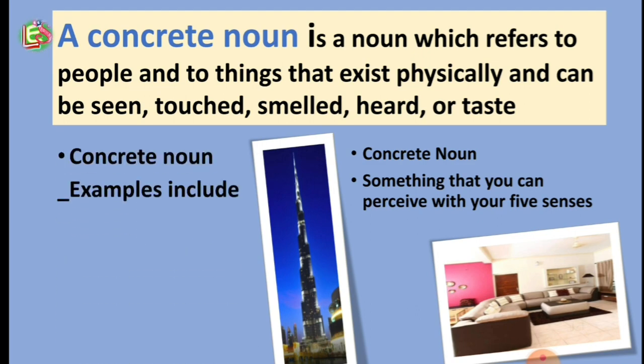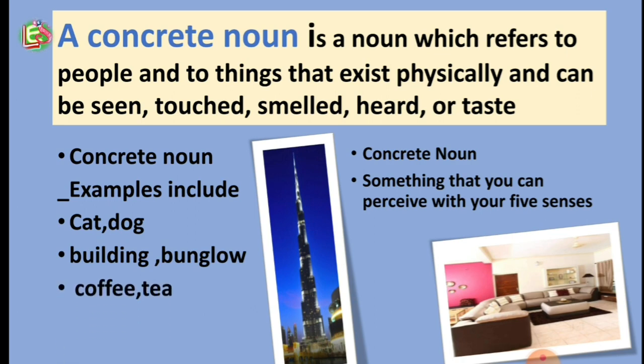Examples of concrete nouns are cat, dog. We can see these animals. At the same time, we can touch them. Building, bungalow, we can see it, touched it, smelled it. See? Next is coffee, tea, we can taste it. So, here we are using our five basic senses.